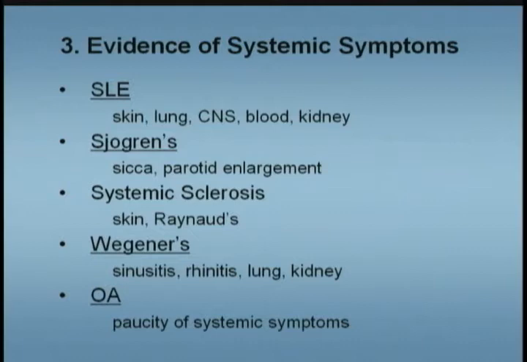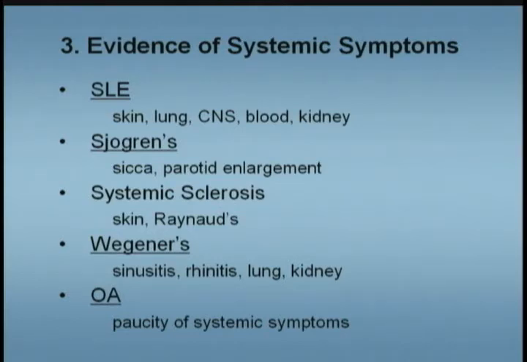So the person with lupus is going to have symmetrical polyarthropathy, but then she says, yeah, I have a rash on my face. I'm short of breath. And then you do an exam and you find that she's got an effusion there. She may have central nervous system manifestation or confusion. She may have anemia and thrombocytopenia. She may have kidney involvement, lupus nephritis.